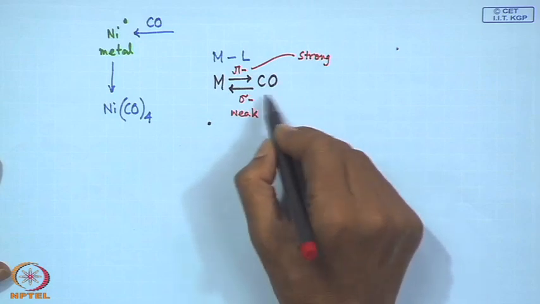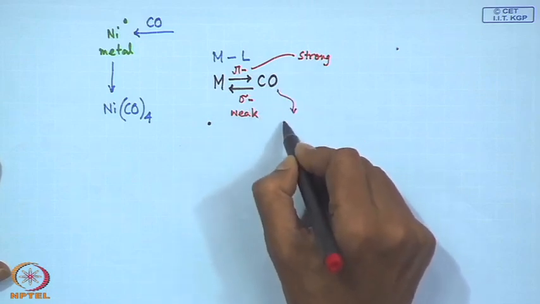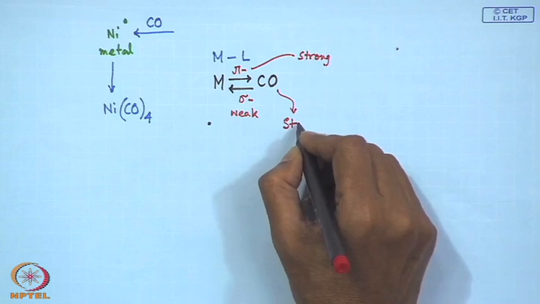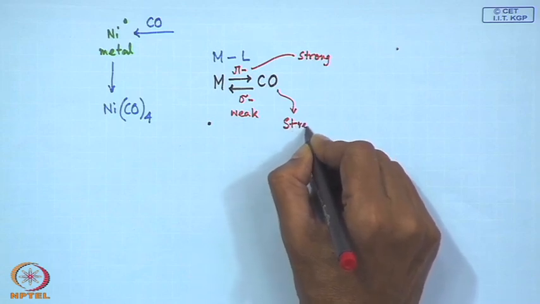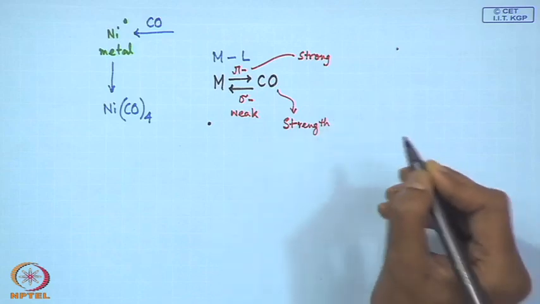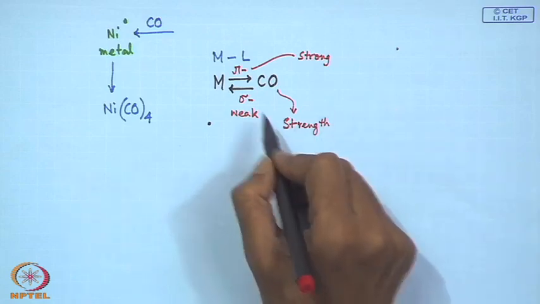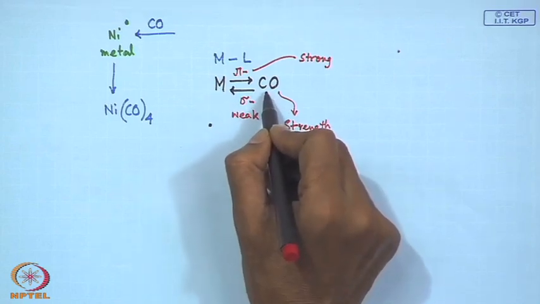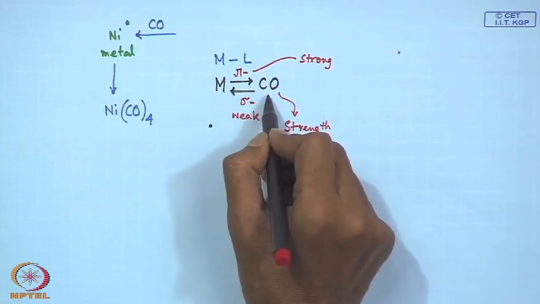So, the nature or strength of the ligand, which we consider for classification in the spectrochemical series, will also be controlled by the amount of strong pi acceptance from the metal orbital to the pi star level of the carbon monoxide molecule.